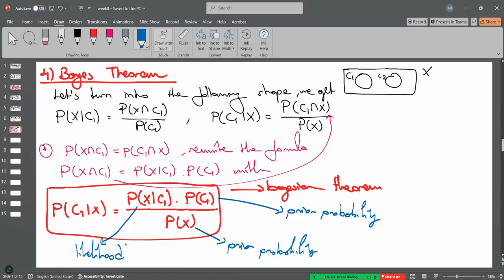And so if we have any data for a given x, we can divide the classes C1 and C2. And so if we are using the prior probability and the likelihood, we can calculate the posterior probability. In Turkish, sonsal olasılık. Okay?